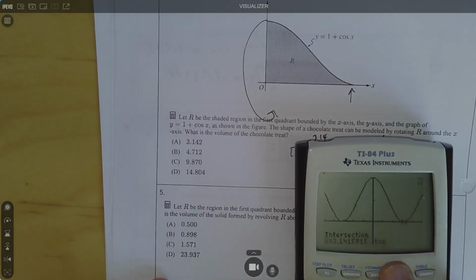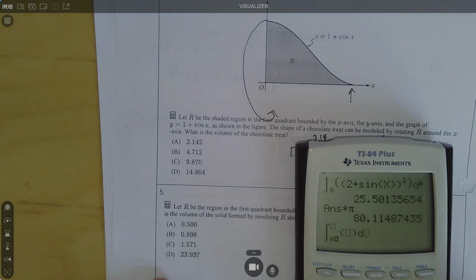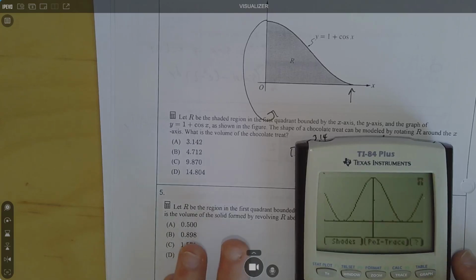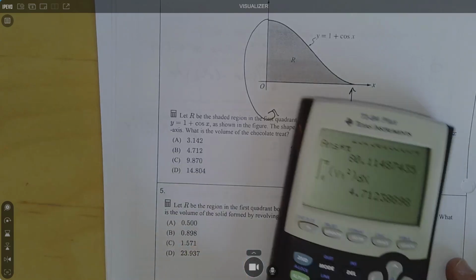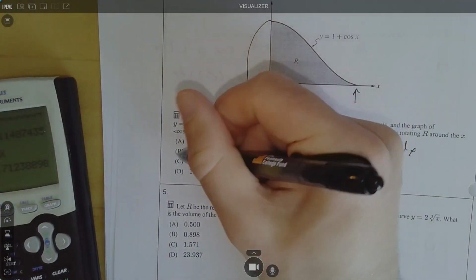Then we can do math 9 from 0 to pi of y1 squared dx. Enter. 4.712. Okay.